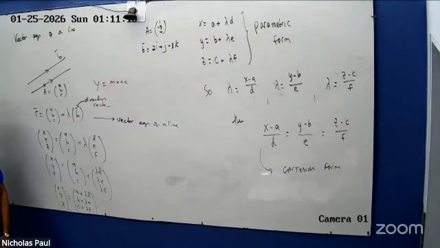Find the vector equation of the line, parametric and Cartesian. Find all three.